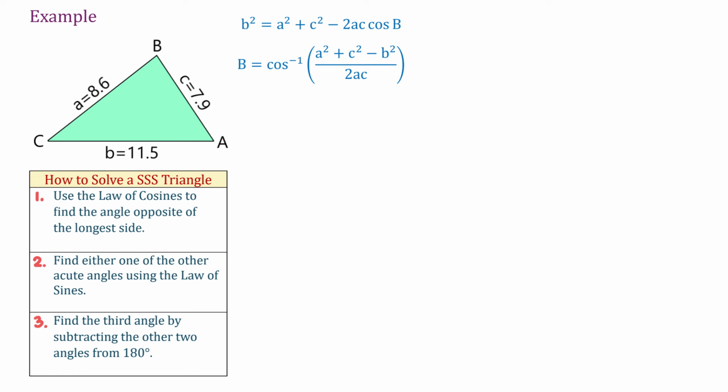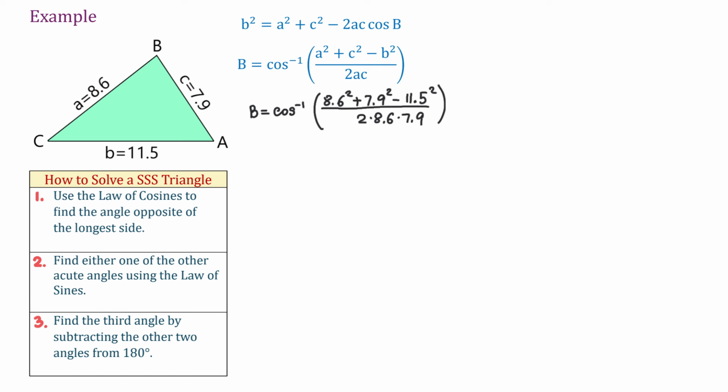Then if we replace, we will get B equals inverse cosine of 8.6 squared plus 7.9 squared minus 11.5 squared over 2 times 8.6 times 7.9.